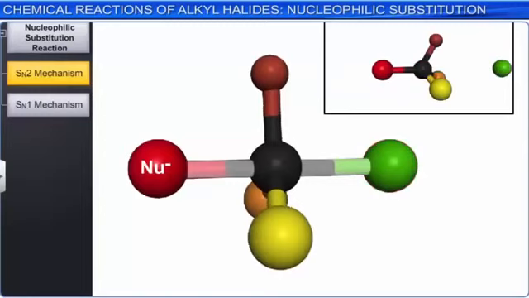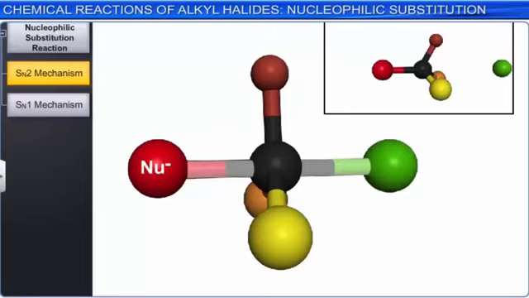That is a one-step mechanism because the new bond between the nucleophile and the carbon atom forms at the same time as the carbon-halogen bond breaks, as shown in the pentacoordinate transition state. Since the carbon atom is bonded to 5 atoms, the transition state is unstable and hence cannot be isolated.